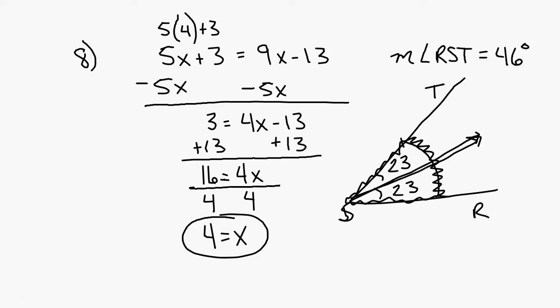Number 9. DF bisects EDG. Find the value of x. If DF is an angle bisector, if that middle ray is an angle bisector, then the theorem said that these two pieces are congruent.